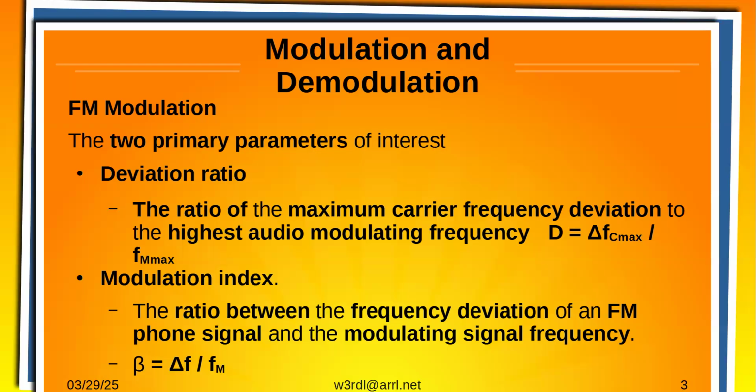In the other one, we're using the highest modulating frequency. So I guess in one case, you're using the max deviation divided by the max modulating frequency. In this one, we're using, I guess, the average deviation divided by the average modulating frequency. Very confusing to me. You just have to remember the formulas for the exam.